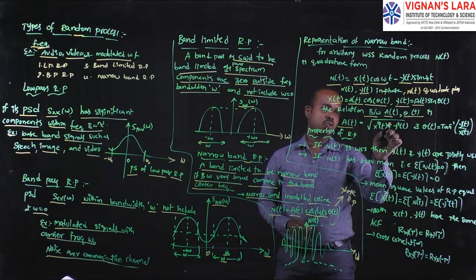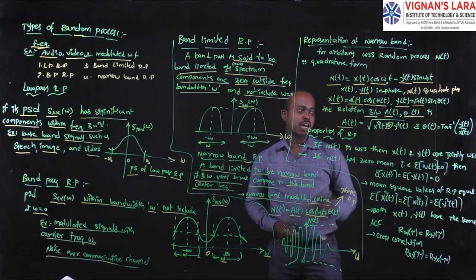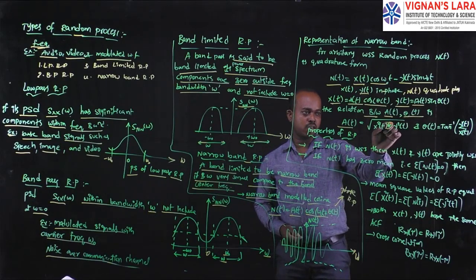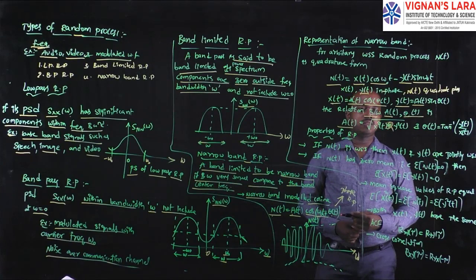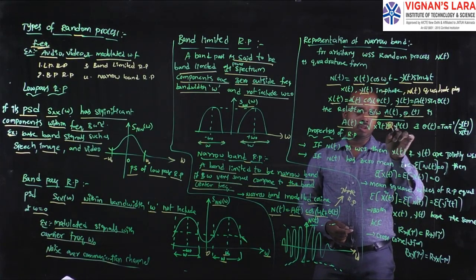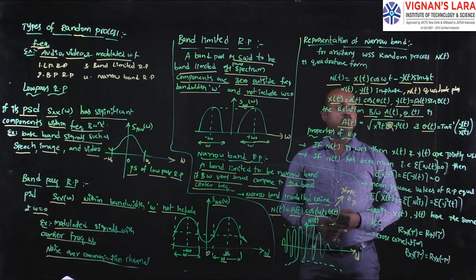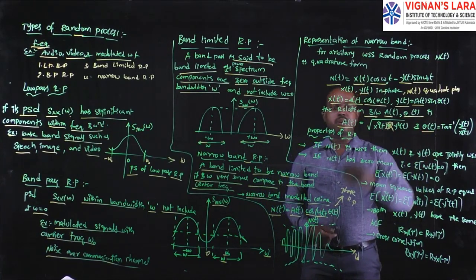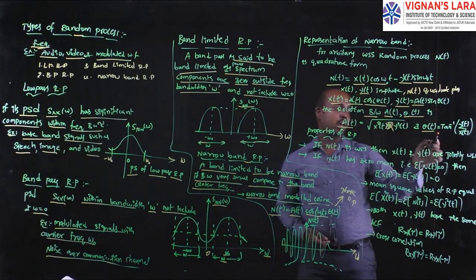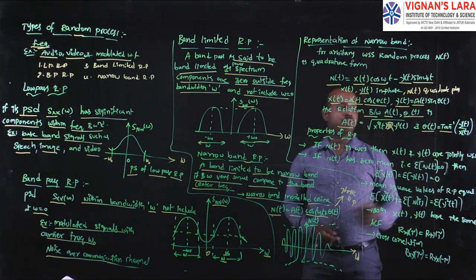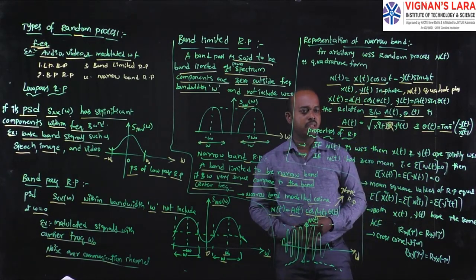And theta of t represents the phase of the narrowband random process, defined as tan inverse of y of t divided by x of t.